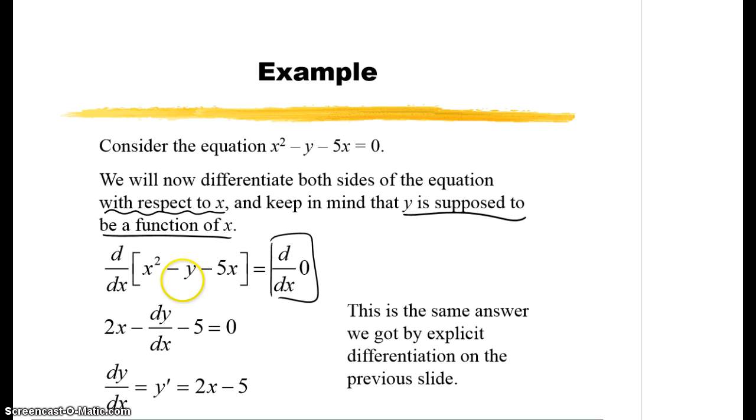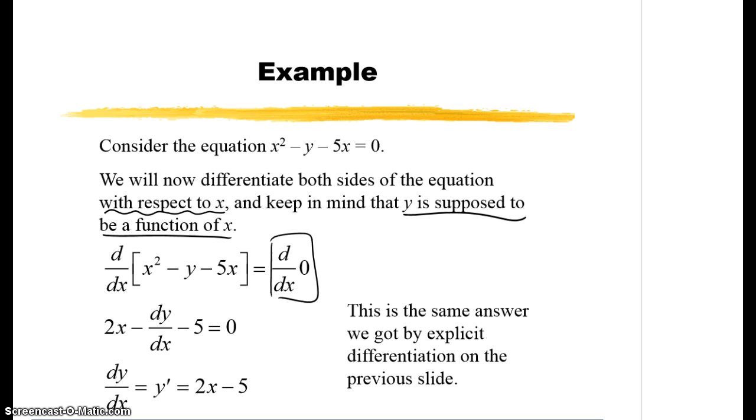Because y is a function of x. So when I take the derivative with respect to x, this y is some function of x, so it's going to have a derivative with respect to x. So when I derive negative y, the derivative is just negative dy/dx. Negative 5x, the derivative of that with respect to x is negative 5. So that's how I obtain 2x minus dy/dx minus 5 equals 0.